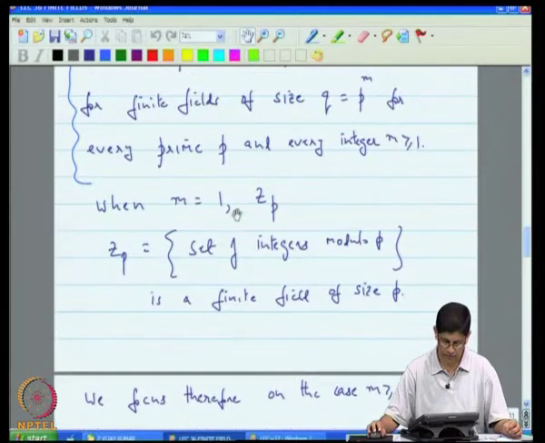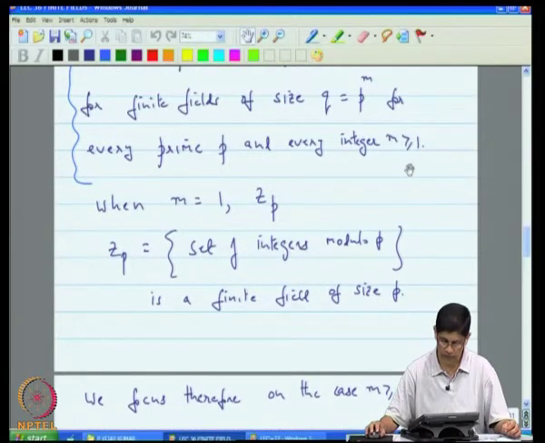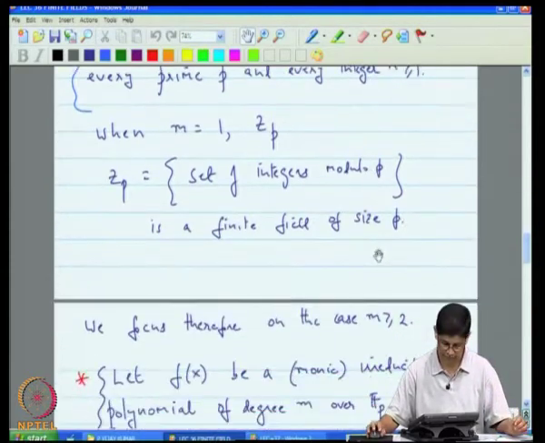When m is equal to 1, if you take the integers modulo p, then we know that already forms a finite field. So the interest is in the case when m is greater than or equal to 2. It turns out that finite fields only exist when the size of the finite field is a power of a prime. So there is no loss of generality in restricting to this situation.